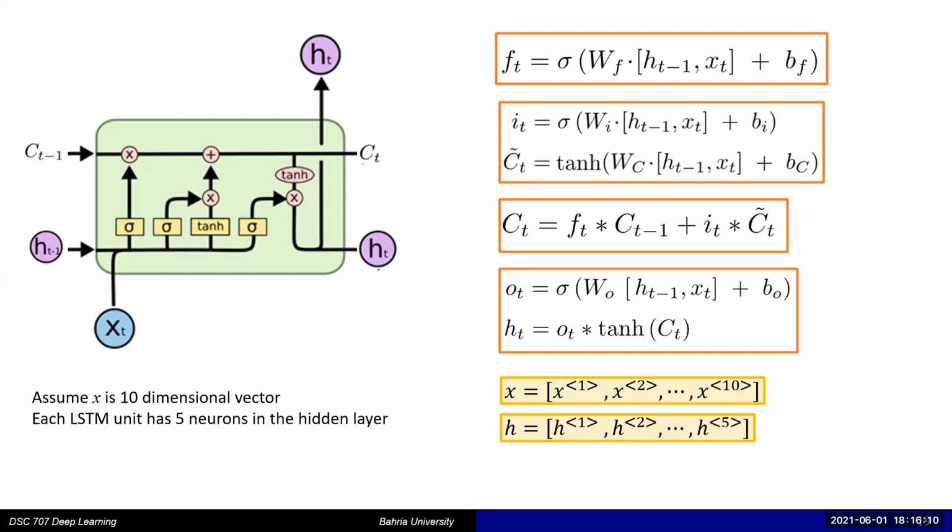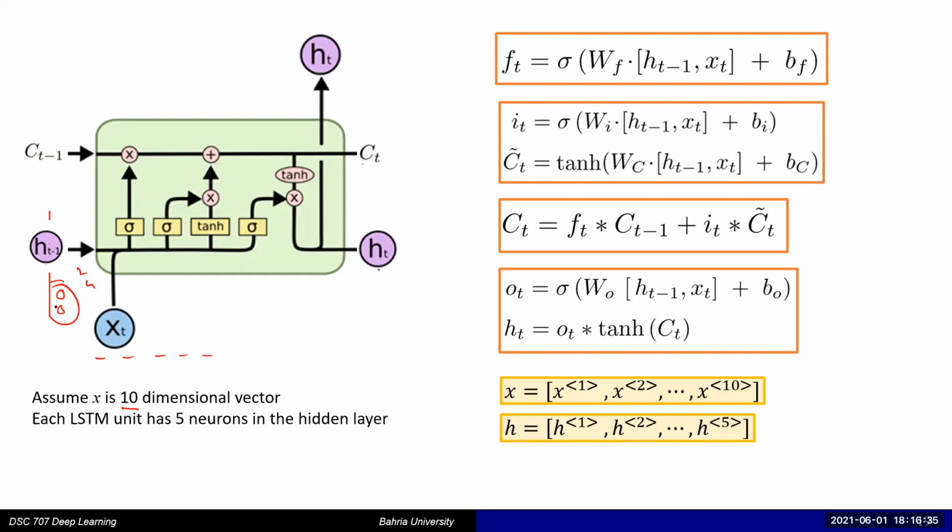Now these equations look fine, but to develop further understanding, we take an example: x is a 10-dimensional vector, meaning you have 10 values here. And this hidden layer has 2 neurons, meaning this purple cell actually has 2 neurons like this. So whatever is on this arrow is a vector of 2.